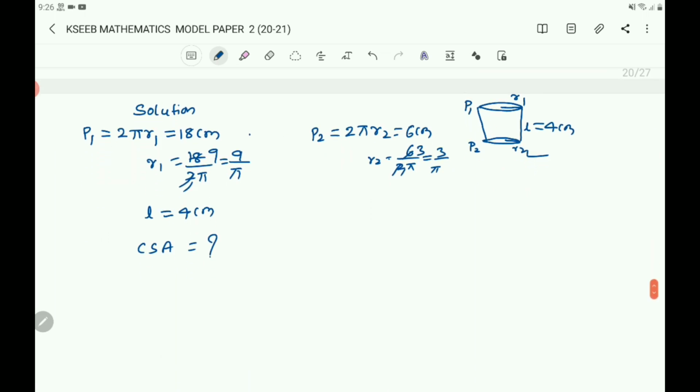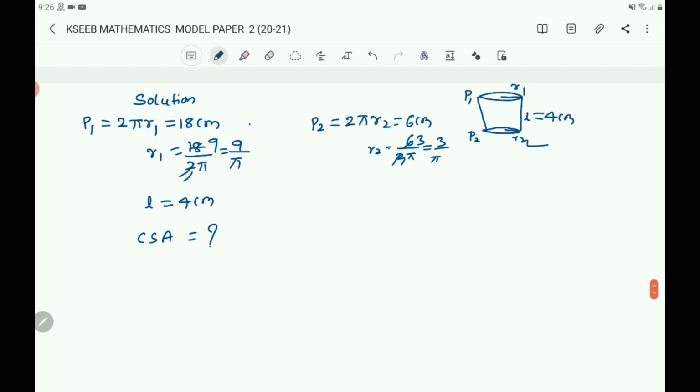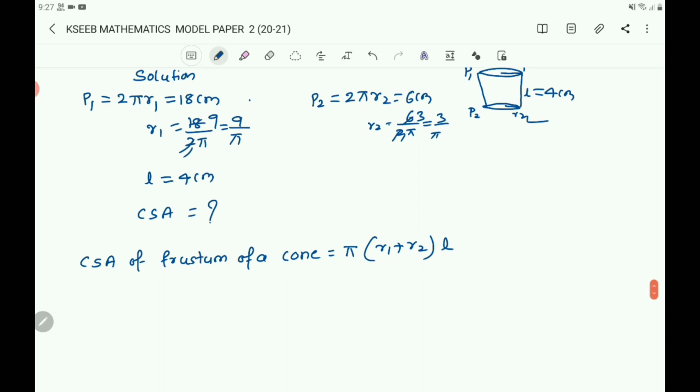Then what is the formula to find the CSA of a frustum of a cone? CSA of frustum of a cone equals, you know that, pi into R1 plus R2 into L. Pi you write pi only.